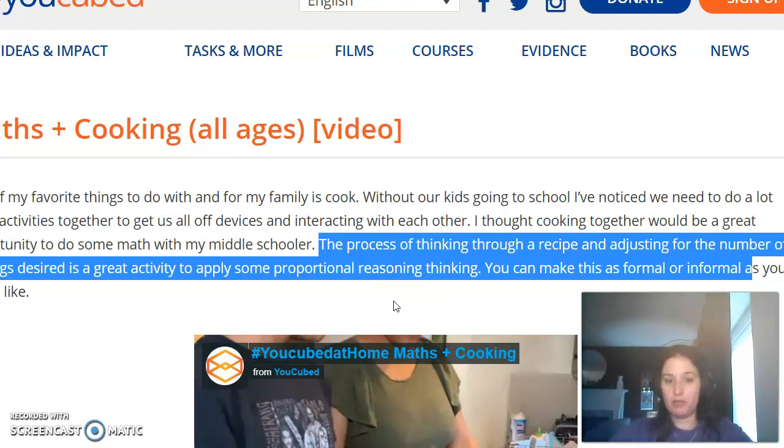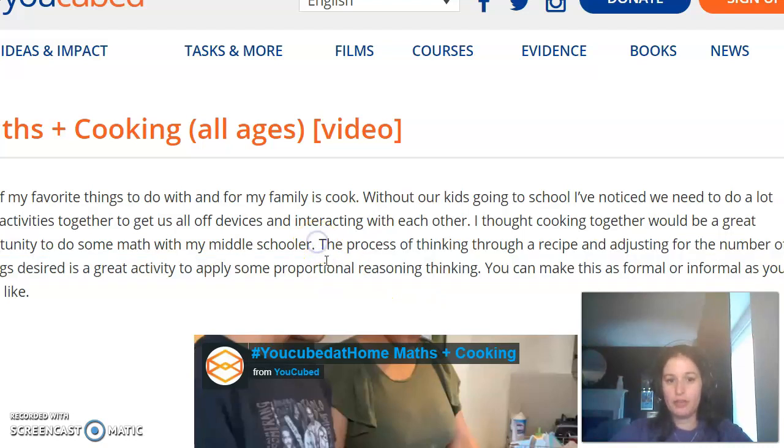How many cups of sugar would you need? When doing this cooking activity, there is math involved because you need to make your recipe based on the number of people that you are cooking for. It's not just following a recipe to make chocolate chip cookies on the back of the bag. That's not what this one is about.